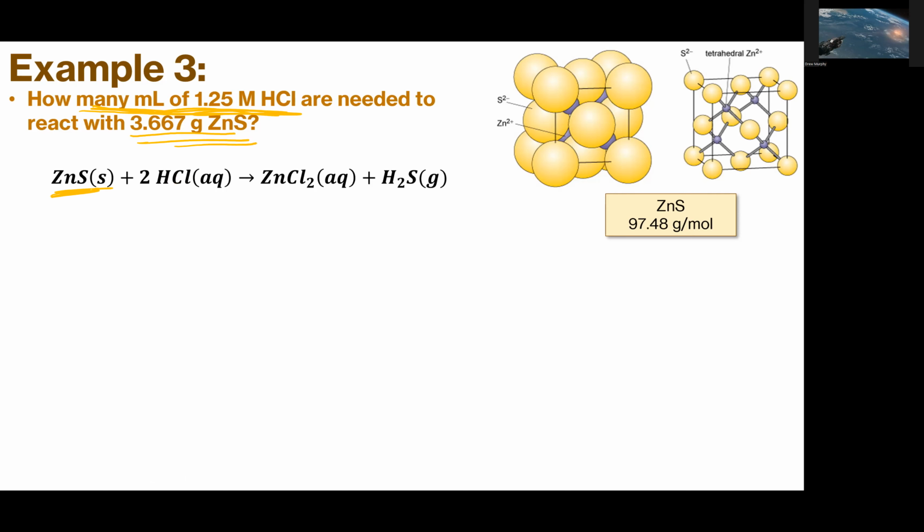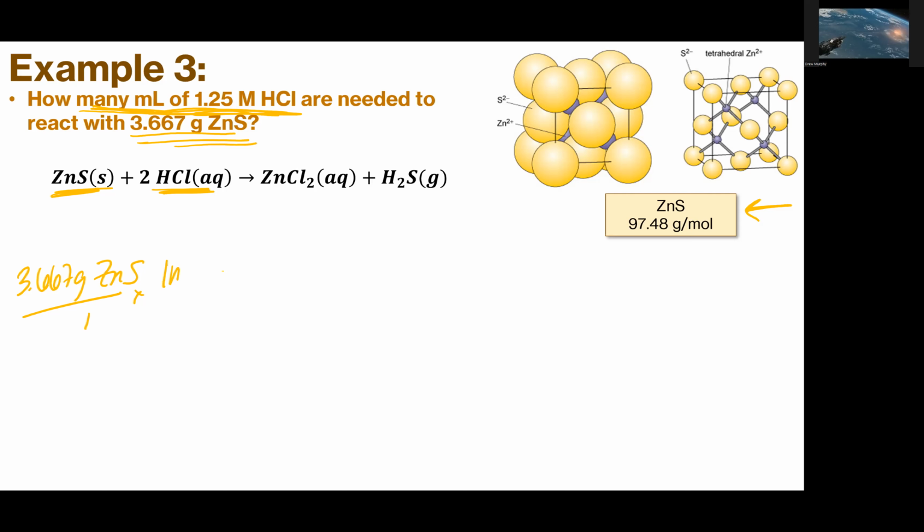So we have grams of zinc sulfide, we have HCl, we have molar mass over here. This works exactly the same as doing it with grams and moles, except instead of using molar mass, we can use the concentration. Okay, let's see how this works. Start with the thing that has 1 unit, so that's our 3.667 grams of zinc sulfide.